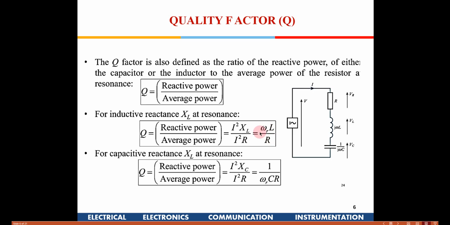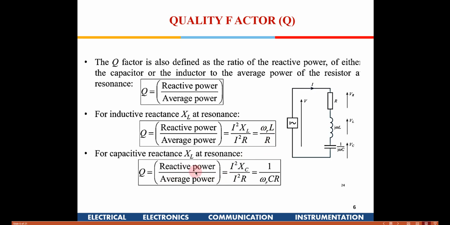So you get L omega by R. Again I am emphasizing it: the quality factor is at omega R, not any frequency, but at resonant frequency. So we define the quality factor only at resonant frequency. So this becomes omega R L by R.